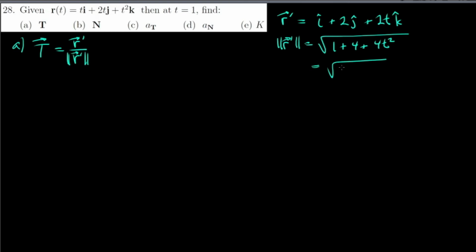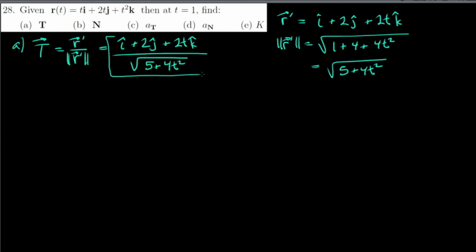So you get the square root of 5 plus 4t squared. So T as a vector is just going to be i plus 2j plus 2tk all over this square root. Okay, so you can leave it like that.